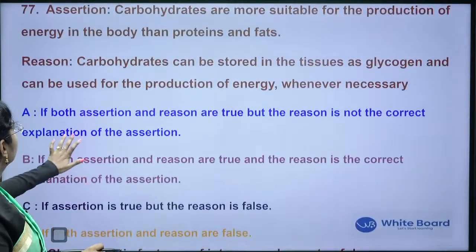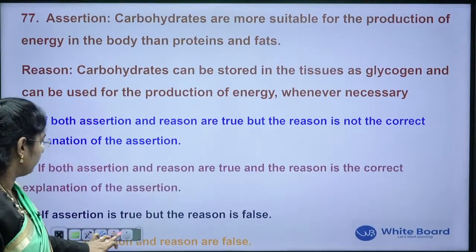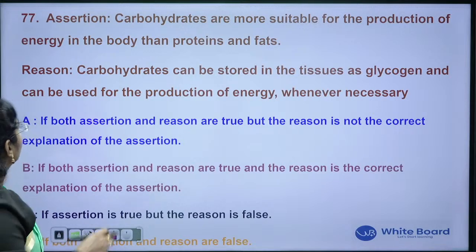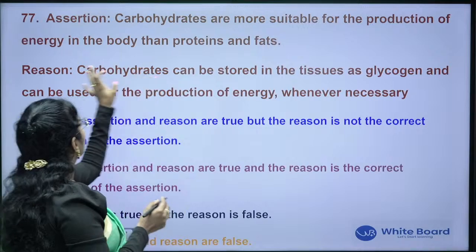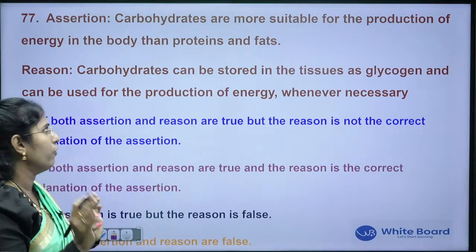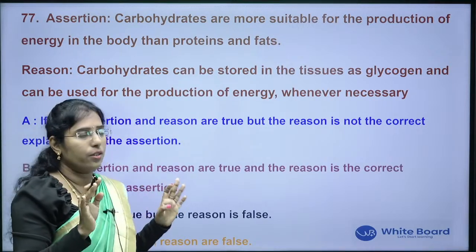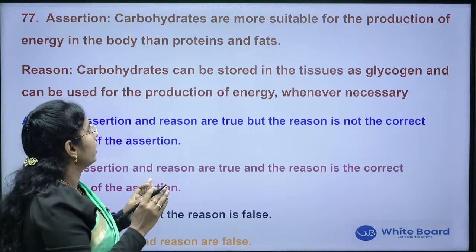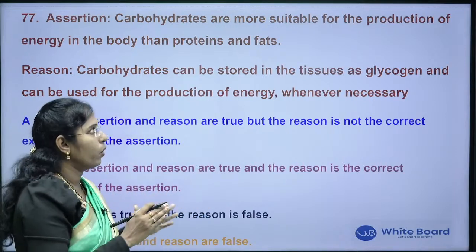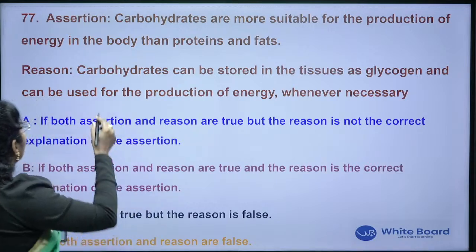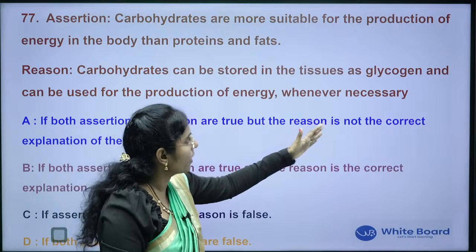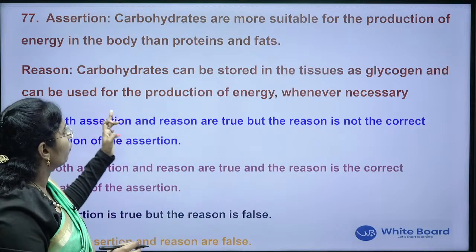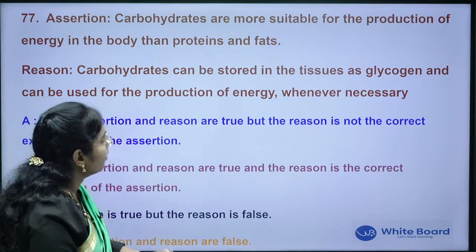So, next one is 77. Right. Here, assertion: carbohydrates are more suitable for production of energy in the body than proteins and fats. Yes, upon metabolism of carbohydrates, glucose will be obtained. Next, reason: carbohydrates can be stored in the tissues as glycogen and can be used for production of energy whenever necessary.